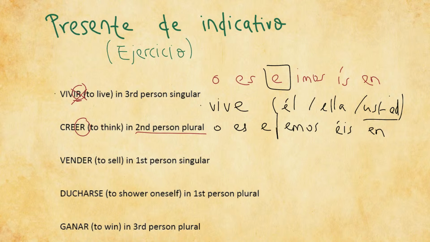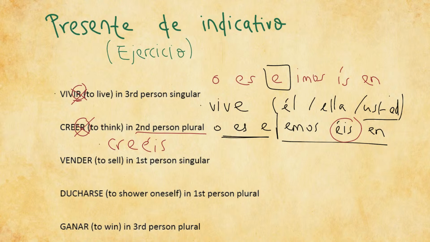Okay, so the first three are singular, the other three are plural, and they want second person plural, so this is the ending that we're going to want, éis. So we cut away the ER, we're left with cre, which is the root, and then we just put this at the end, creéis. And this is you in plural, think. This is how it looks in Spanish.